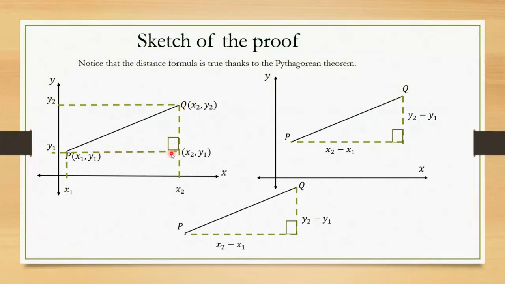Likewise, if you want to go from P to this point horizontally, you're going to go x sub 2 minus x sub 1. It's like you're starting from the origin and walking all the way to x sub 2, but then you have to ignore this part because you're starting here. Basically, you're going to get this right triangle.